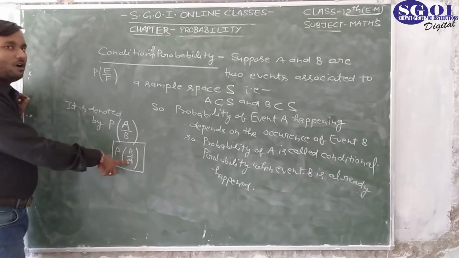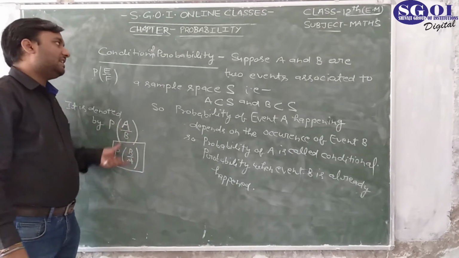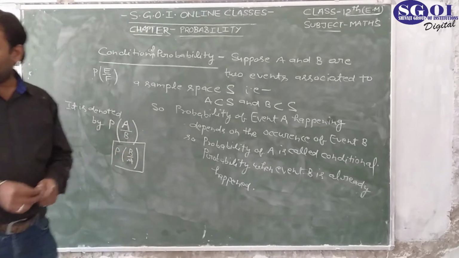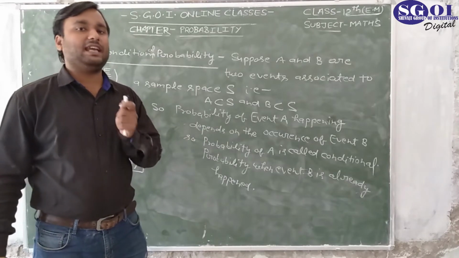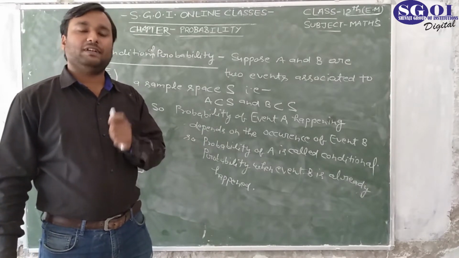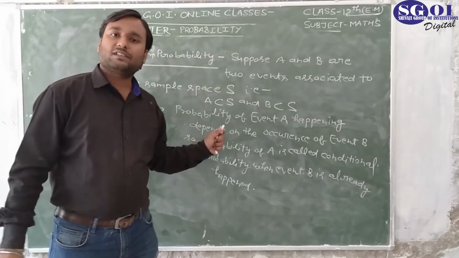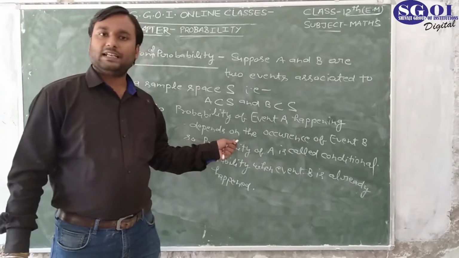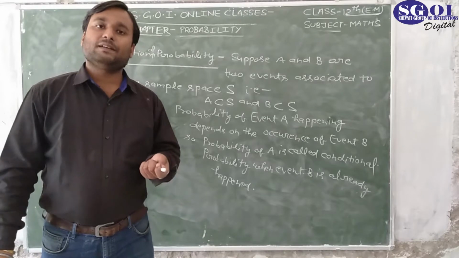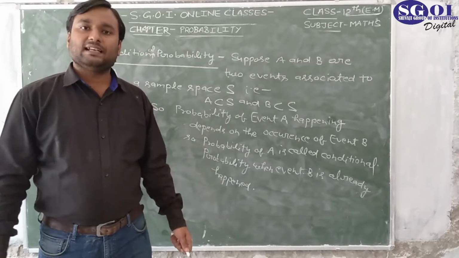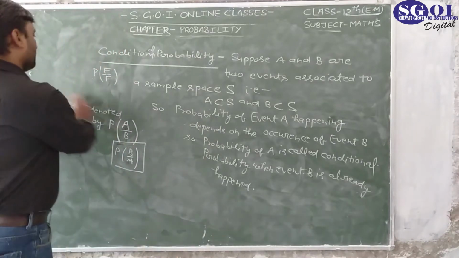So I think you are understanding the definition of conditional probability. I will repeat it again. If probability of A is defined when event B has occurred, then probability of A is called conditional probability. And if probability of B depends on the occurrence of event A, then it is called conditional probability of B.